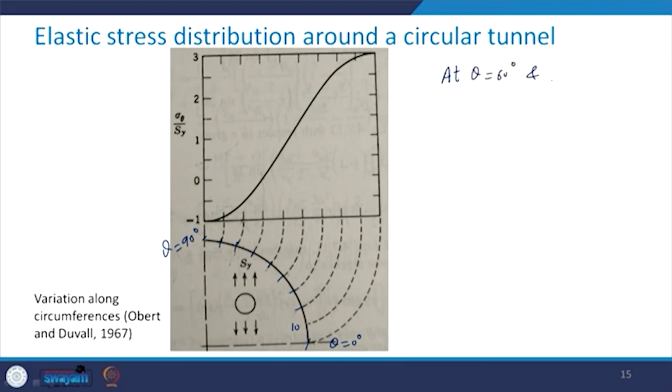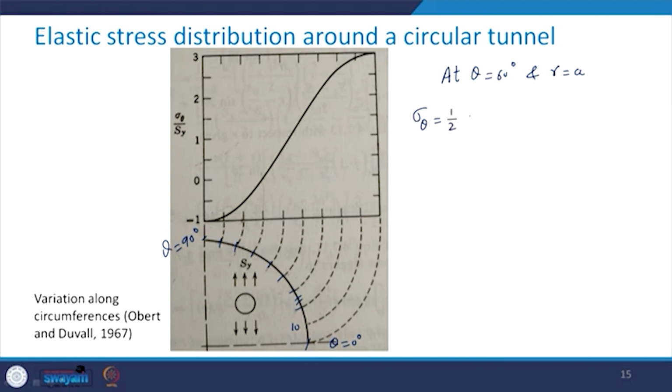Obviously, because we are discussing the variation along the circumference, r is going to be equal to a. So, what will sigma theta be?